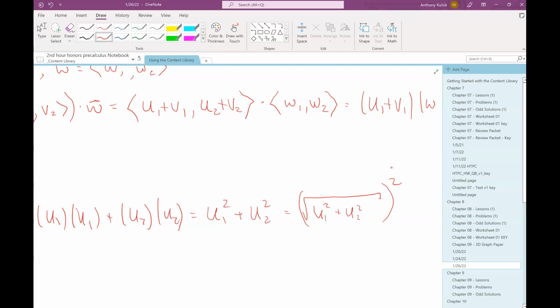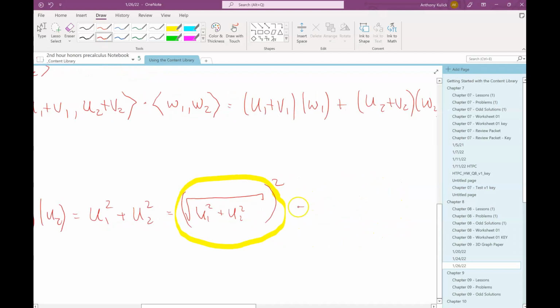Good with that? And the reason I want to do that is because this part is the definition for the magnitude of u. And I'm done. Sure. So the sneaky part there was doing the square root and the squared outside of it.